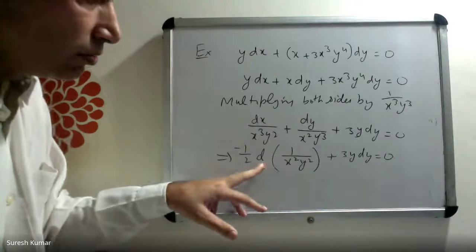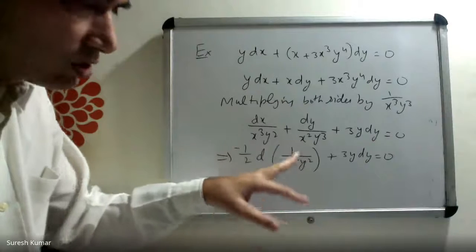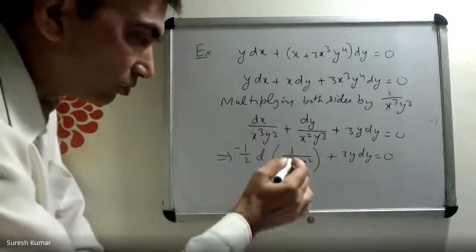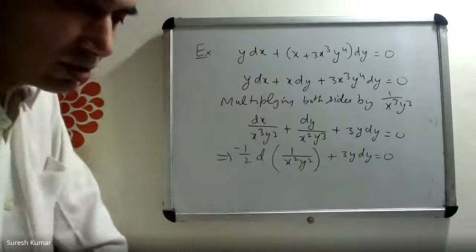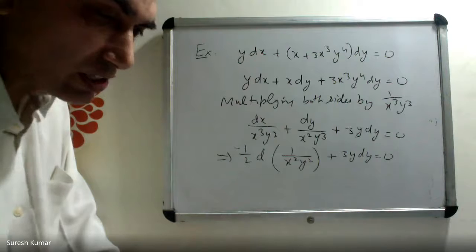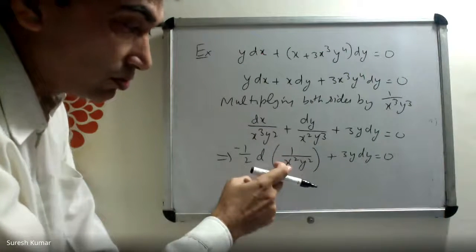You see, if I'm taking the differential, first let's differentiate 1 over x square times 1 over y square. The derivative of 1 over x square with respect to x, leaving 1 over y square as it is, is minus 2 over x cube dx.